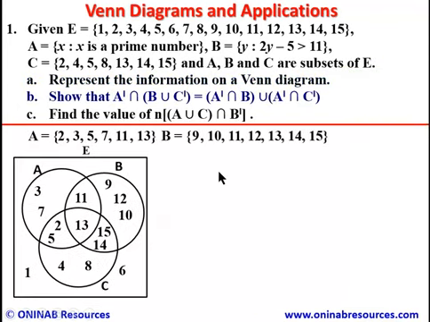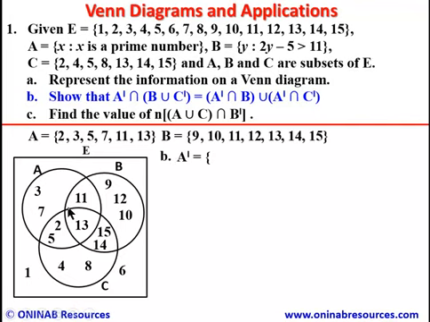So we move to the second part of the problem. We have to show that A prime intersection open bracket B union C prime. So in this case, we need to get A prime and C prime. To get A prime, everything outside the circle of A constitutes A prime.